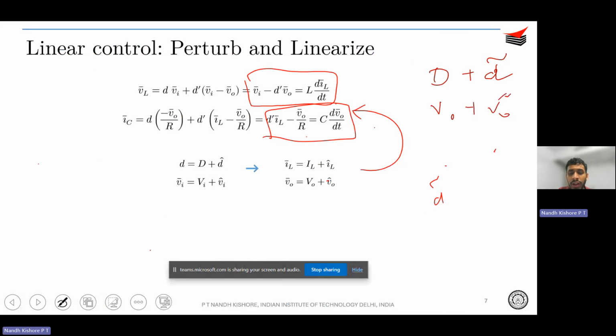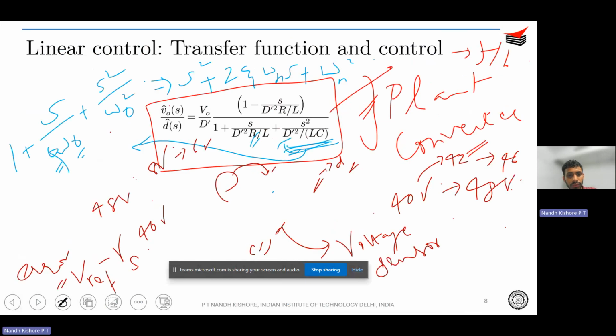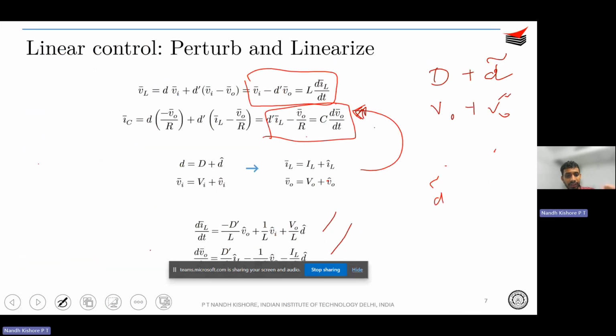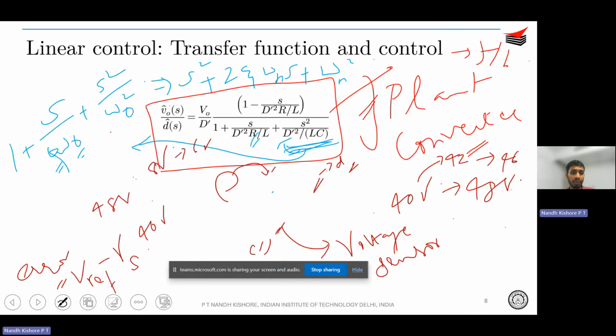Similarly, we did this for VI, IL, and V naught, and we replaced them in these average expressions, and then we obtained dI/dt and dV/dt, right? From this we said we could apply the Laplace transform and end up with the converter transfer function, that is V naught by d.